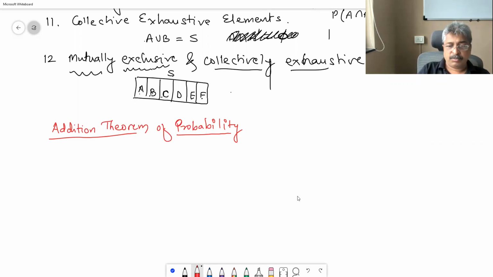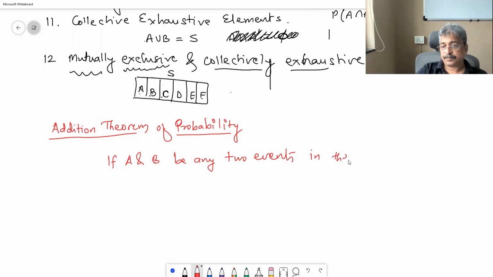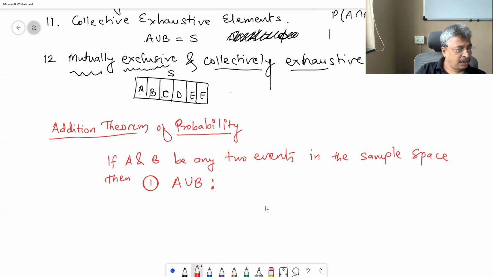Before doing the addition theorem of probability, let us first understand: if A and B be any two events in the sample space, let us understand the meaning properly. A union B. Can you describe A union B in English? What do we mean by A union B?